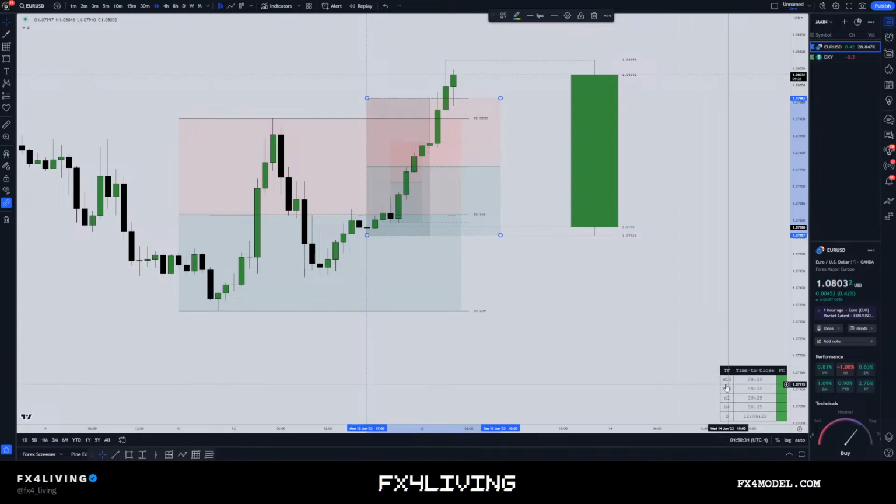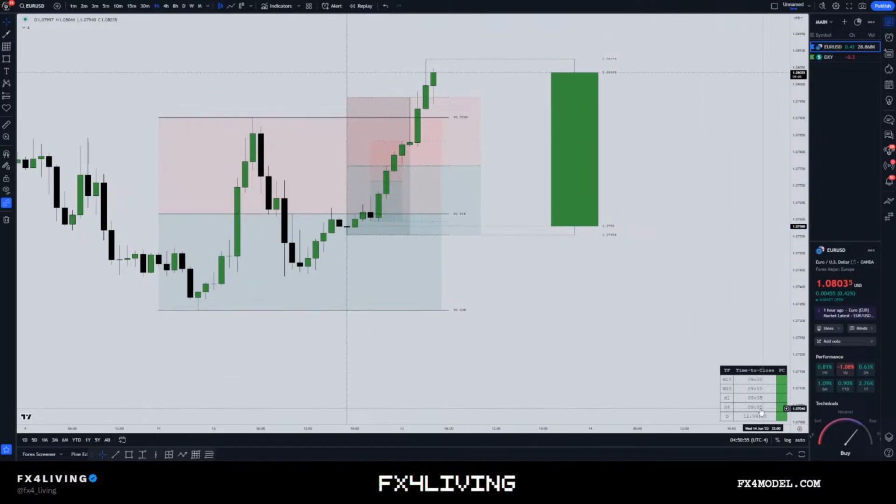Right now we have an H4 candle close in 9 minutes, an H1 candle close in 9 minutes, an M30 candle close in 9 minutes, and also an M15. So we have 4 major closes in 9 minutes. What does that mean? That means maybe the next 4 hours is gonna be our next phase of the manipulation here above the previous daily high.